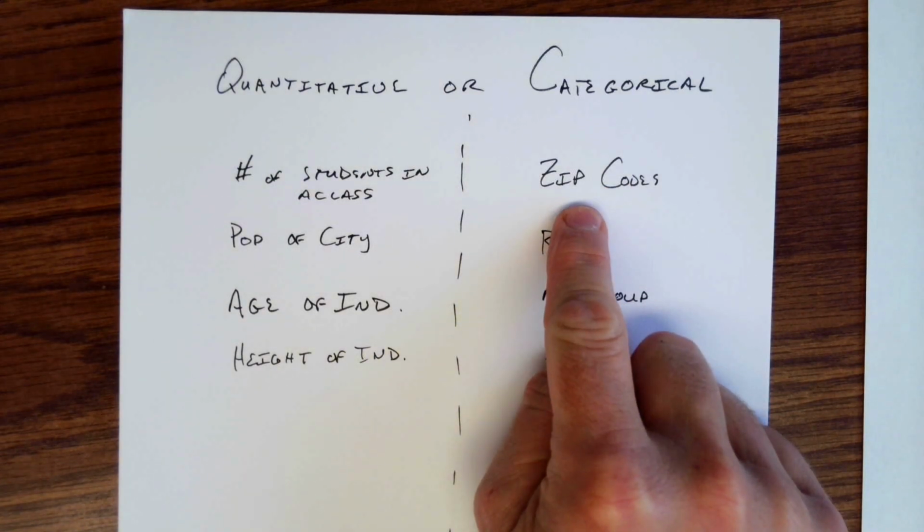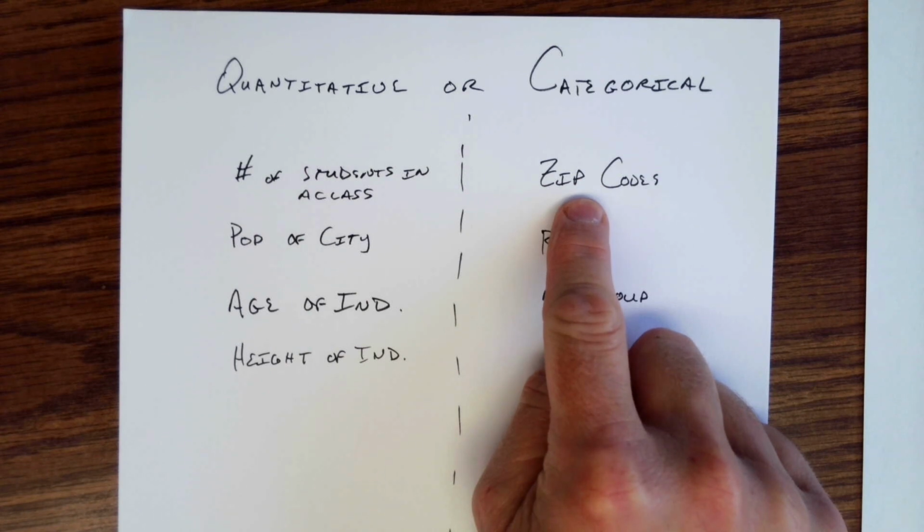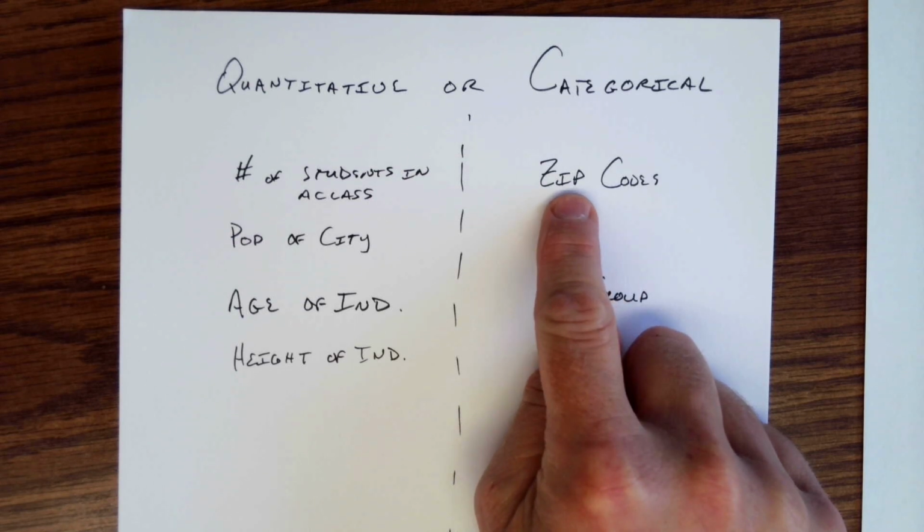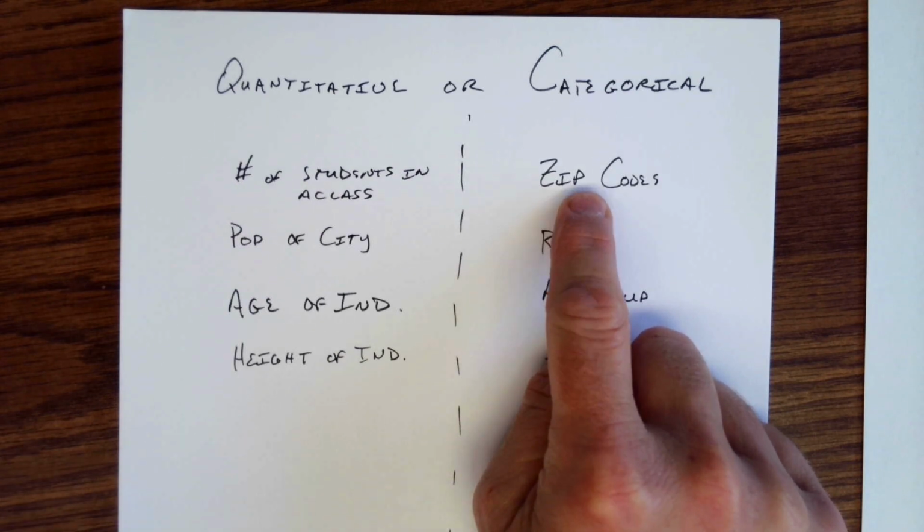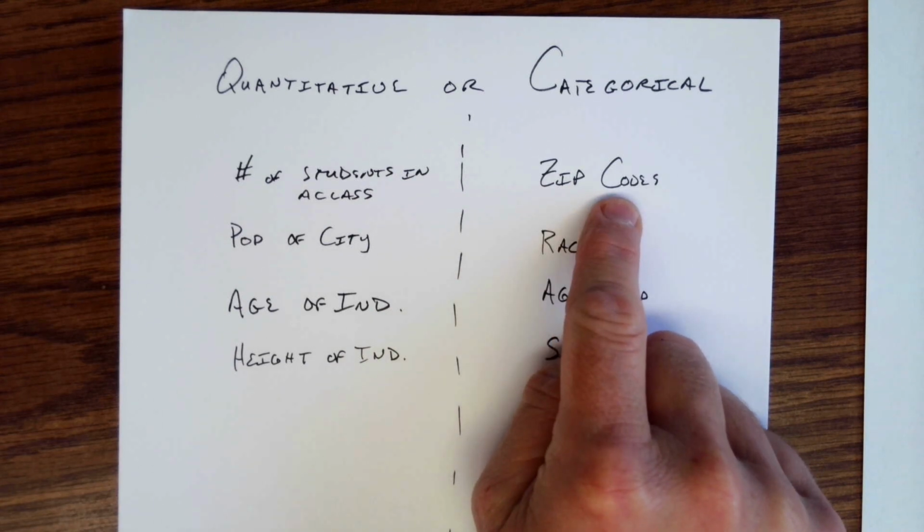When you talk about zip codes, yes, that is most definitely a number. It's a numerical value, but it is not quantitative. It is categorical because it talks about a group of people or a group of individuals. Remembering individuals don't necessarily have to be people. We might talk about state parks as another way to talk about zip codes, or national parks.